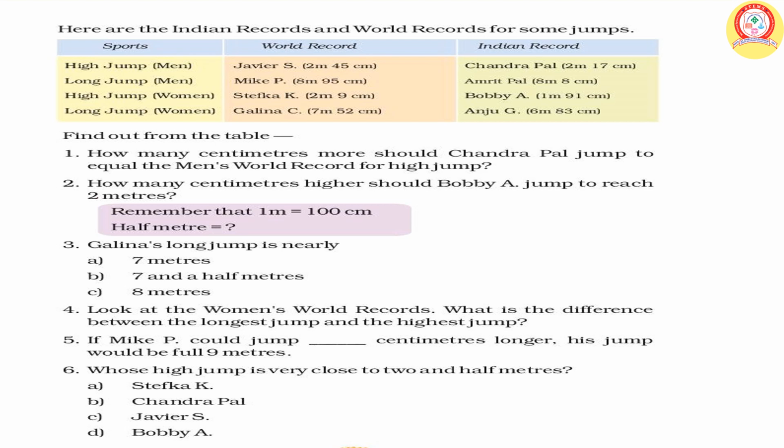So, Bobby A should jump 9 centimeter higher to reach 2 meter. So, half meter is equal to how much children? 100 divided by 2 which is 50 centimeter.